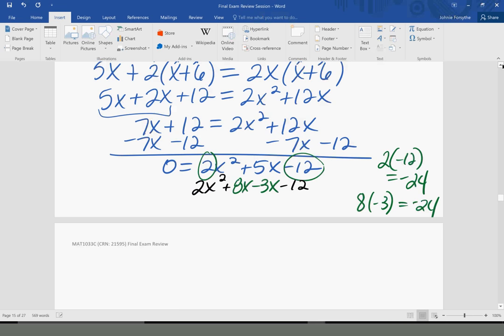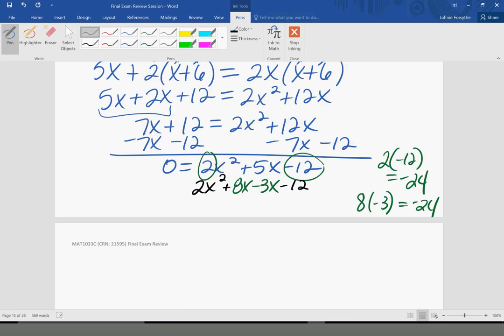So now we're going to solve this by factoring. So I've got, all right. I'm going to start by grouping the first 2 and the second 2. Factor out the GCF, which is 2x. And we have x plus 4 in parentheses. Then factor out the GCF here, which would be a negative 3.